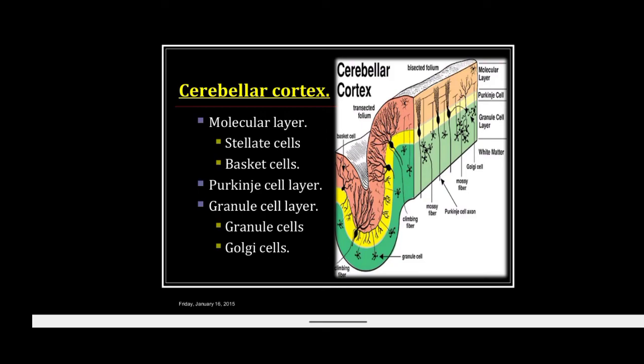So 5 types of cells are present in 3 different layers of the cerebellar cortex. So this is very important, everyone has to remember it. 3 layers, 5 cells and 4 nuclei are present in the cerebellum. So this is very important.